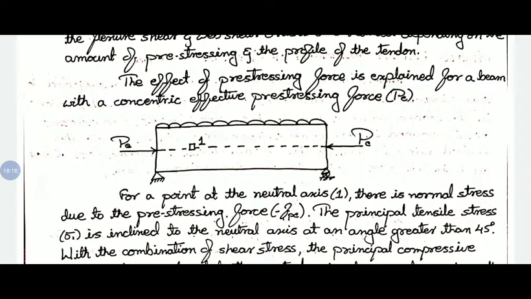Obviously the principal tensile stress and principal compressive stress are perpendicular to each other. So when the principal tensile stress is inclined at an angle more than 45 degrees, the compressive stress will be inclined at an angle less than 45 degrees. As the angle with respect to sigma 1 increases, the angle with respect to sigma 2 decreases.